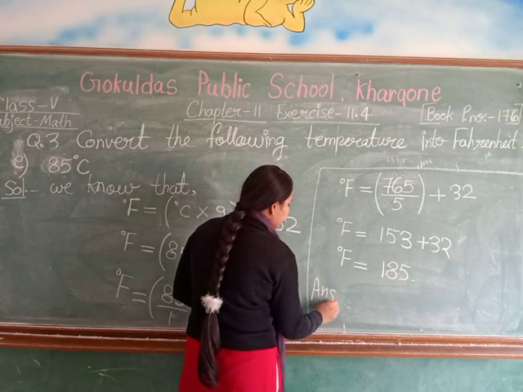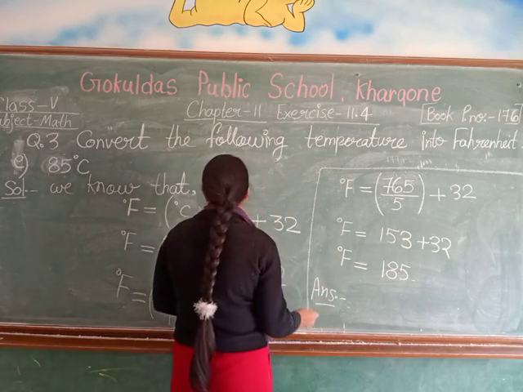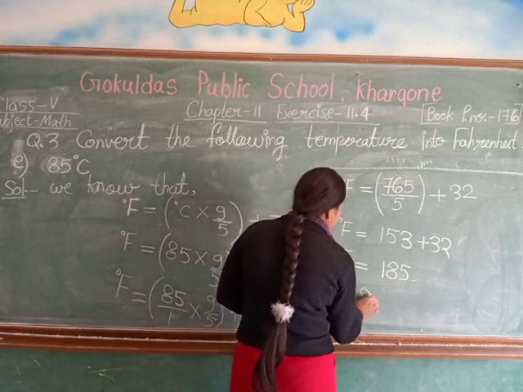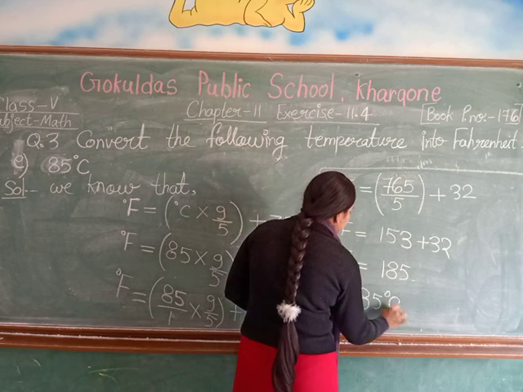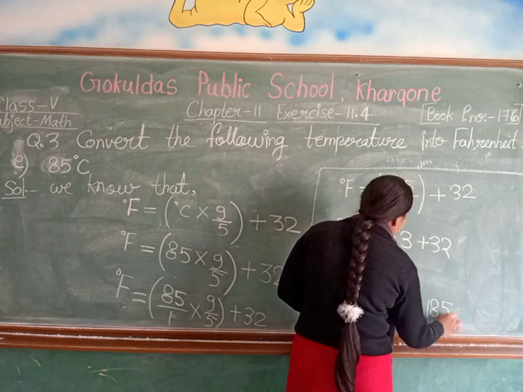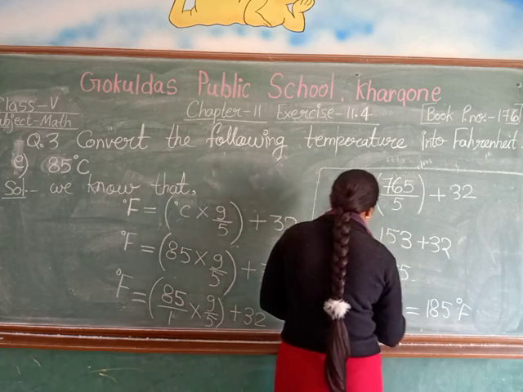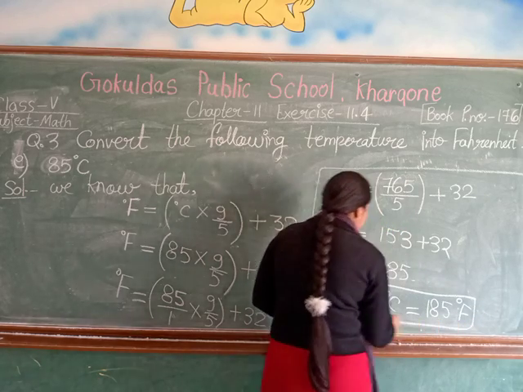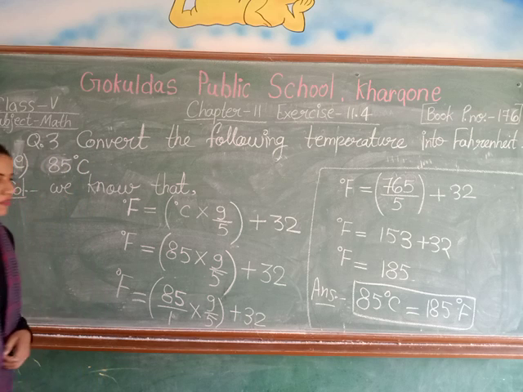Now what will be the final answer? Final answer will be 85 degree centigrade is equal to 185 degree Fahrenheit. It is the final answer. 85 degree C means 185 degree Fahrenheit. Note it down.